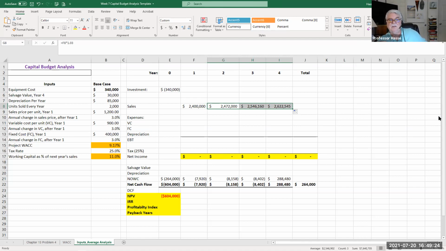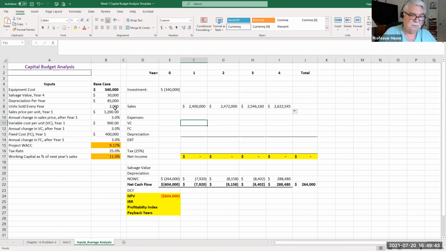2,000 units a year times $1,200 per selling price per unit. And then we inflate it after year 1 by our inflation rate of 3%, which is about what the economy is now, about maybe even a little higher, 3%. Our variable costs. We're, again, 2,000 units being produced and sold. Our variable cost rate is $900 per unit.